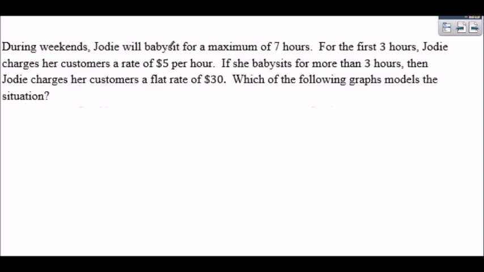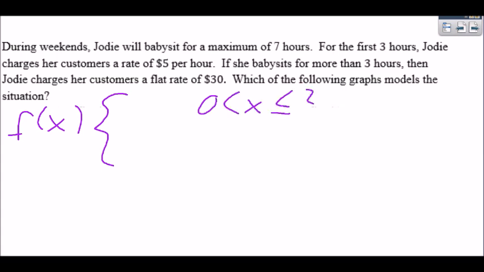All right, during the weekends, Jody likes to babysit for a maximum of 7 hours. For the first 3 hours, she has this rate, and then for anything more than 3 hours, she has this rate. So let's create a graph for that situation. From 0 hours to 3 hours, she charges $5 per hour.